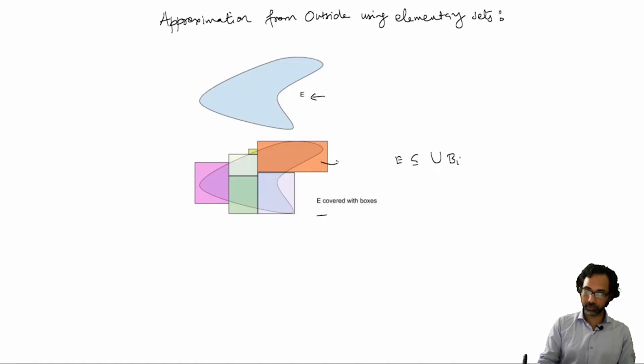So these are the boxes Bi, and if E can be covered by such boxes, and E can be approximated from outside by these boxes, then we can hope to use our already well-defined notion of elementary measure both from inside and outside to create a new measure for arbitrary subsets of RD. So let's see how this is done.